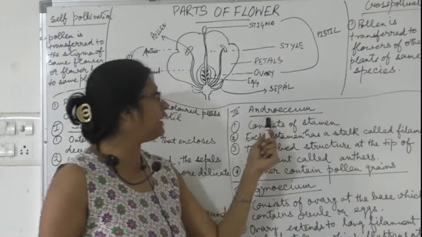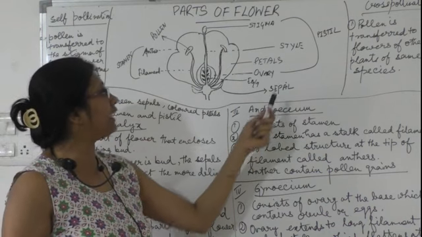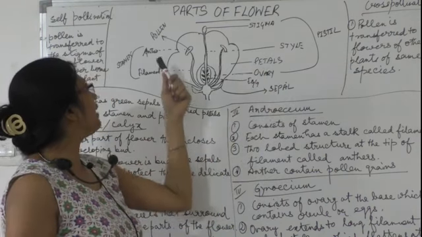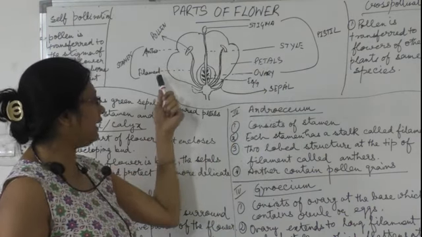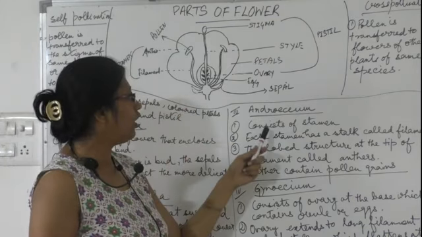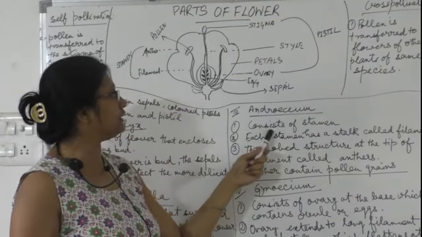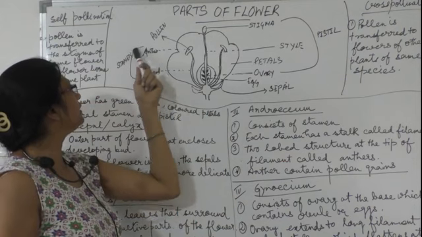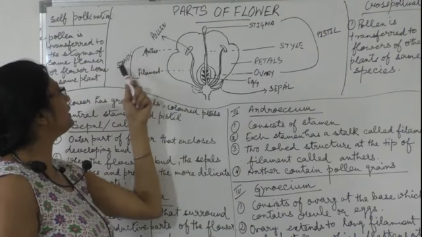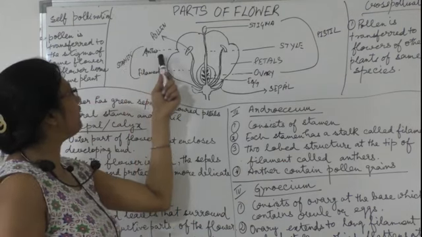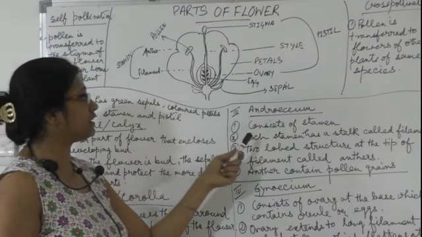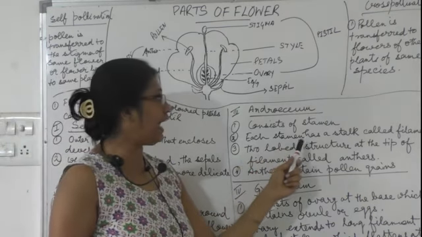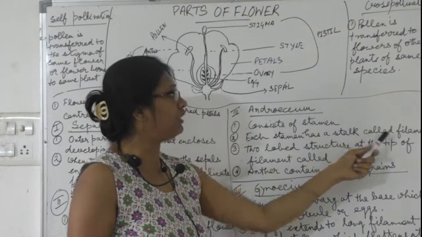Next part is androecium, that means stamen, anther and filament. So androecium consists of stamen, as I have shown here. This is stamen, which consists of anther and filament. Each stamen has a stalk called filament.